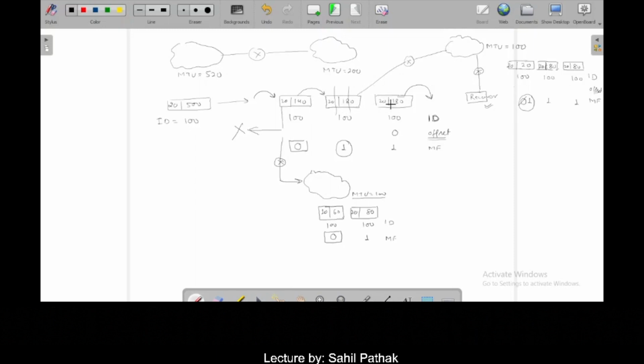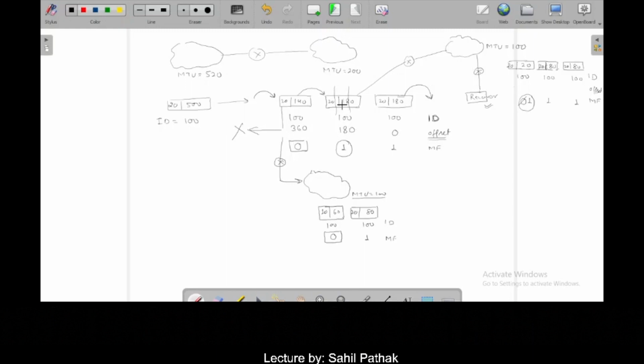Similarly, if we want to calculate the offset value for this fragment, you can see how many bytes are ahead of this. We have seen 180 bytes are ahead of this, so we can write 180 as the offset for this. Similarly, for this fragment, how many data bytes are ahead of this? These are 180 and 180, total 360. So we can do it like this.